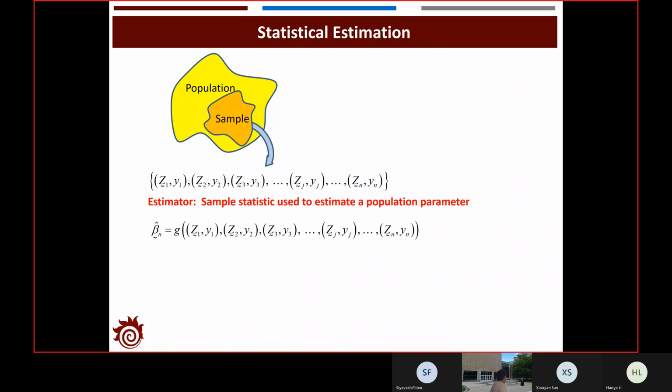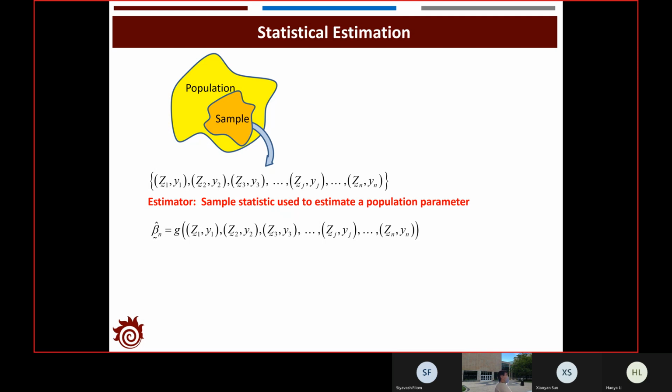So generally, we can say that beta would be a function of the variable or the data we observed in the sample. So that would be z1, y1, z2, y2, and zn, yn. So it must be a function of those observed values. But this is just an estimation from the sample.